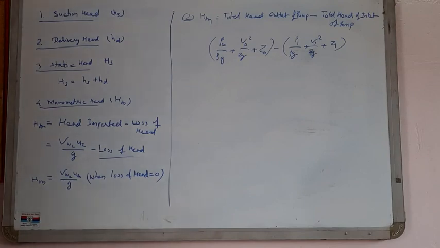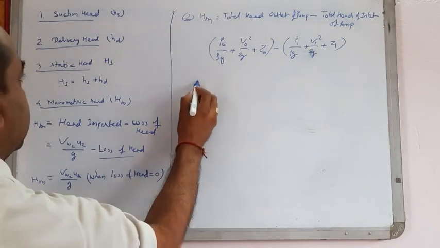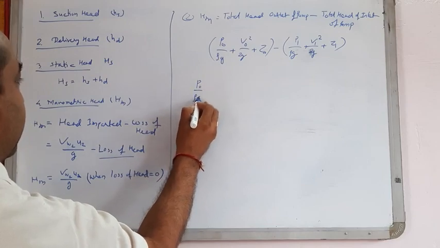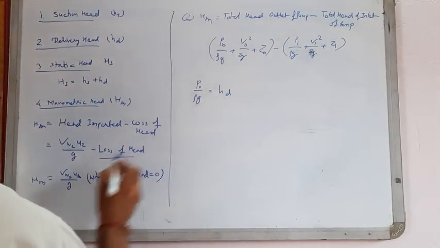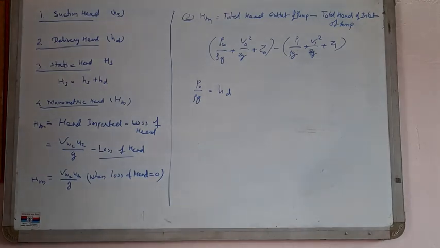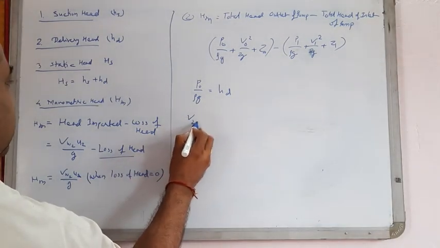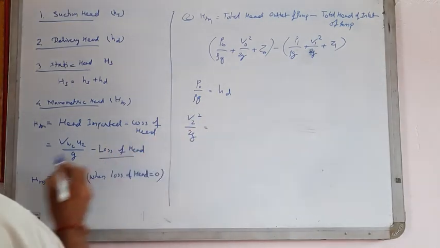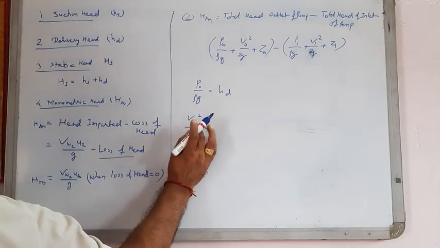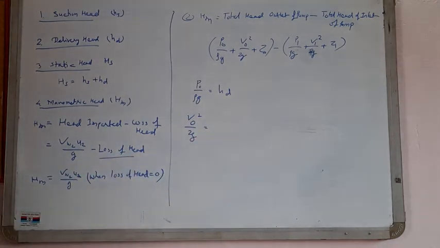Here P0 by rho g is the pressure head at outlet of pump, that is hd, and V0 square by 2g is velocity head at outlet of pump, that is equal to velocity head at delivery pipe.